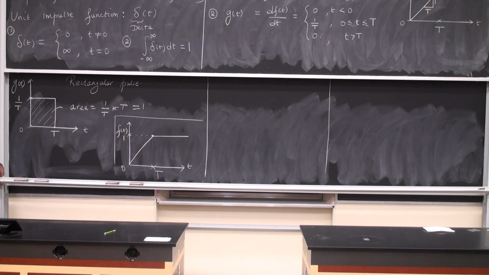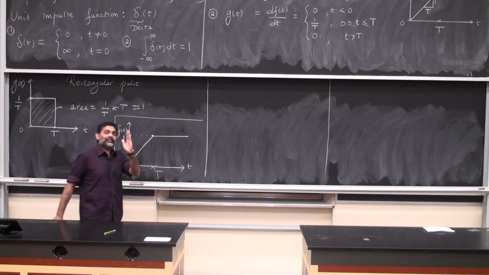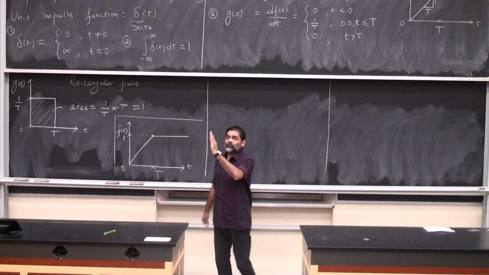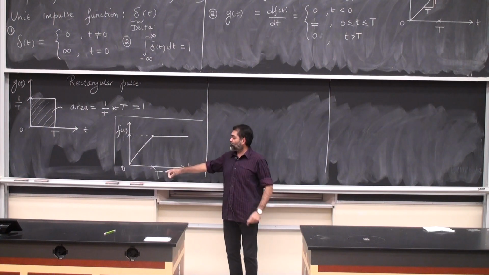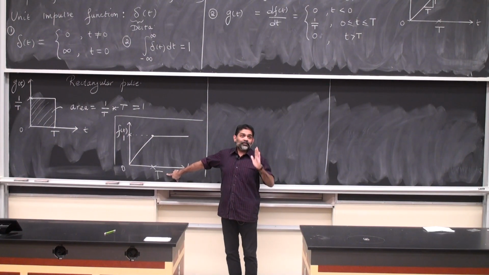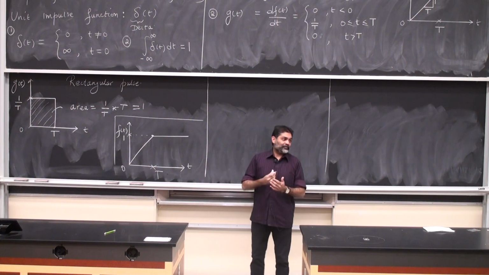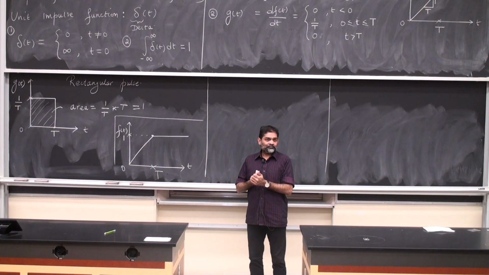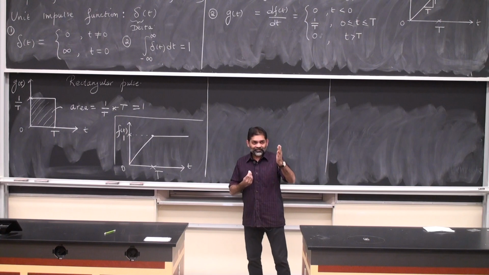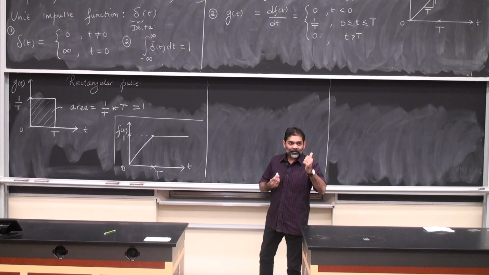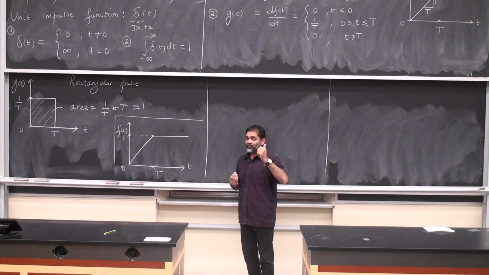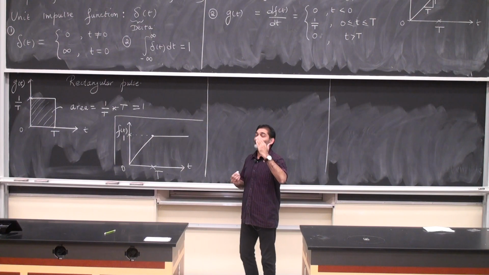Can you tell me what will happen if capital T is reducing? Let's say that in this figure that I've drawn here, capital T was 3 seconds. Now let's say that capital T became 1.5 seconds. What would happen to this figure? Yes? It would just shrink. As it shrinks, what happens to the slope of this line here?